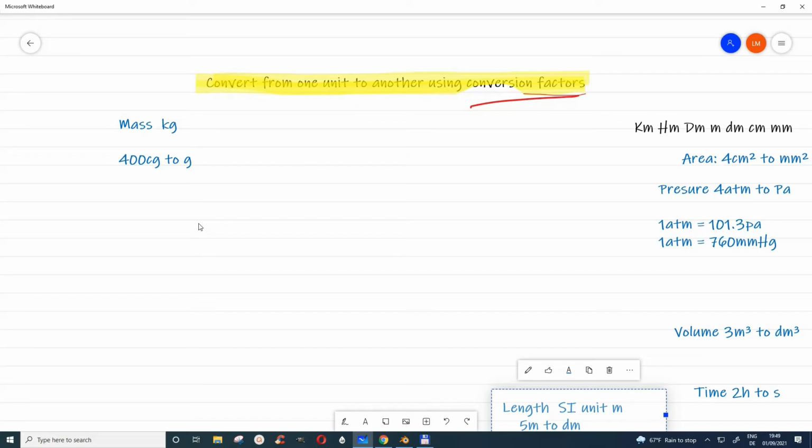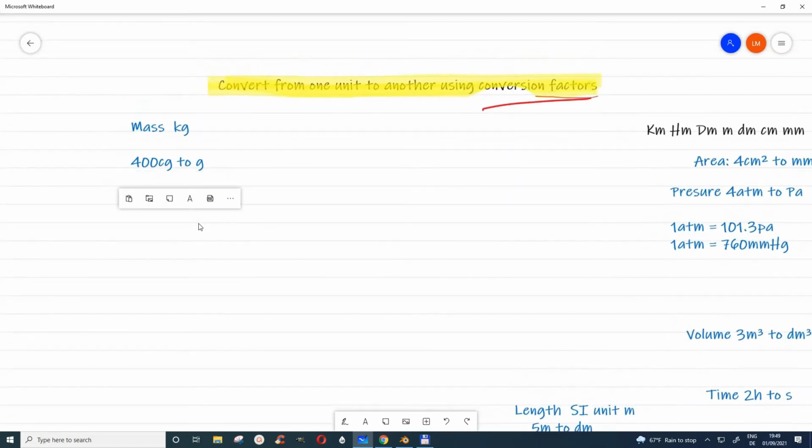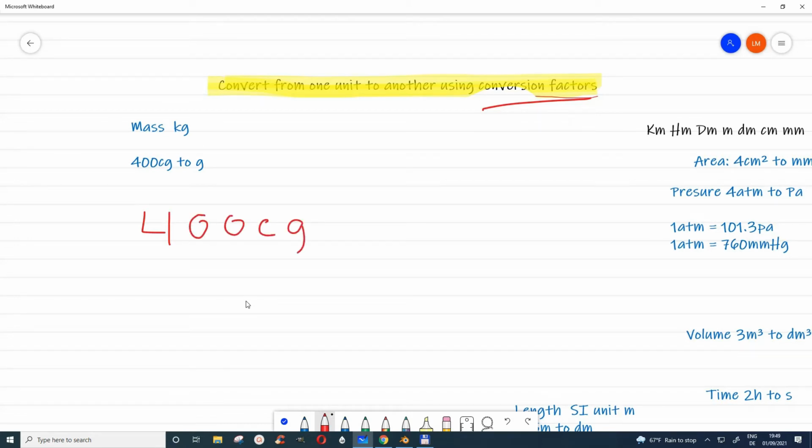So what are we to do? First, we have to write what we have been given. So we pick our pen and I write 400 centigrams, and then I'm going to multiply it by my conversion factor. I know I need to have centigrams under.